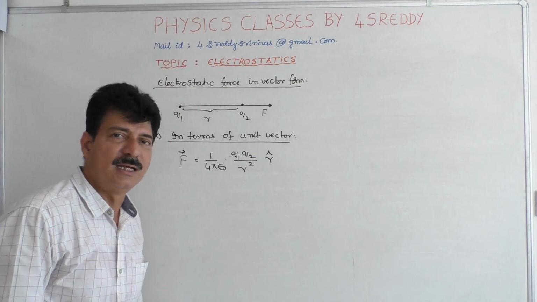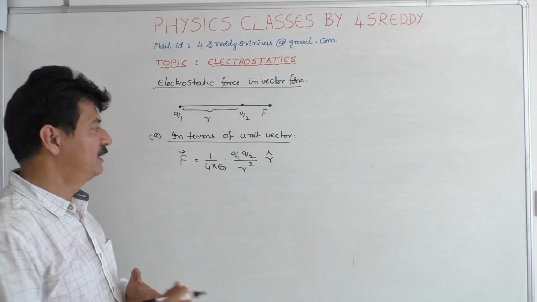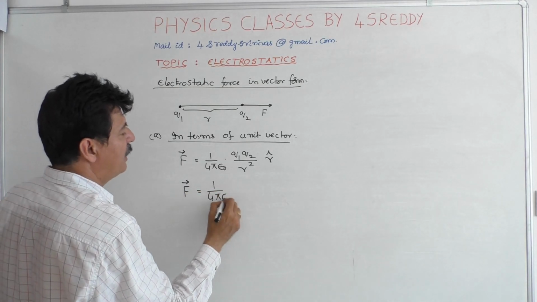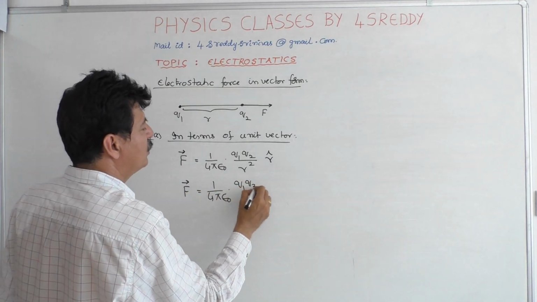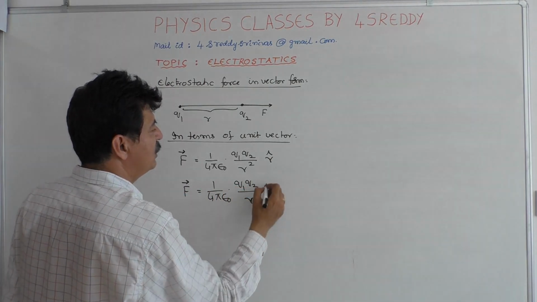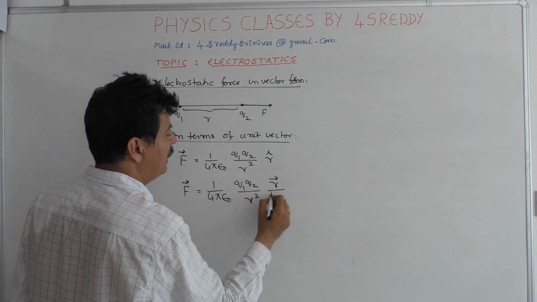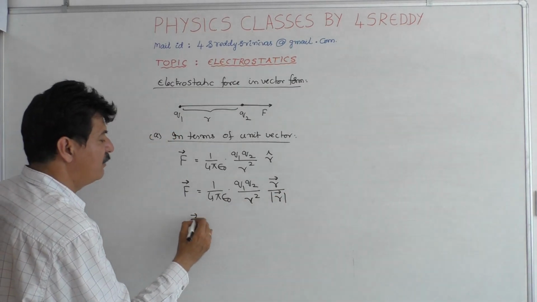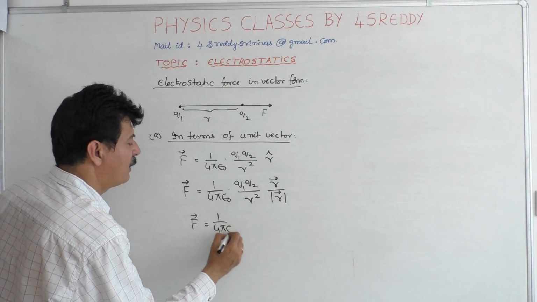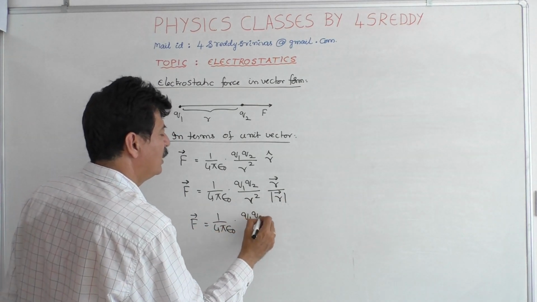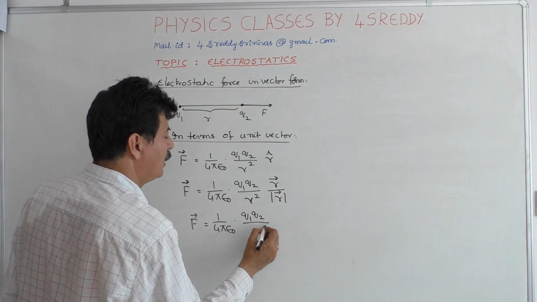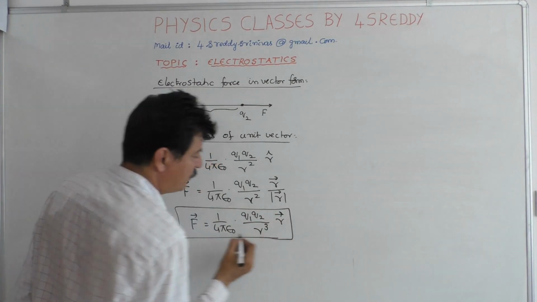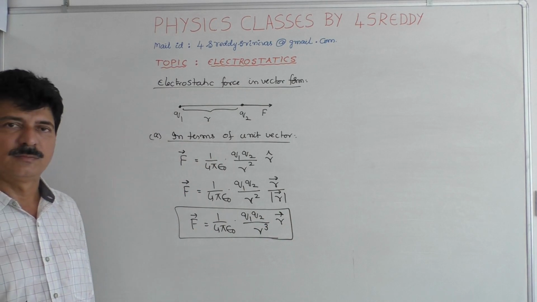What is a unit vector? A vector divided by its magnitude. Therefore, F bar is given by 1 by 4 pi epsilon naught Q1 Q2 by R cube into R bar. This is the vector form of the force.